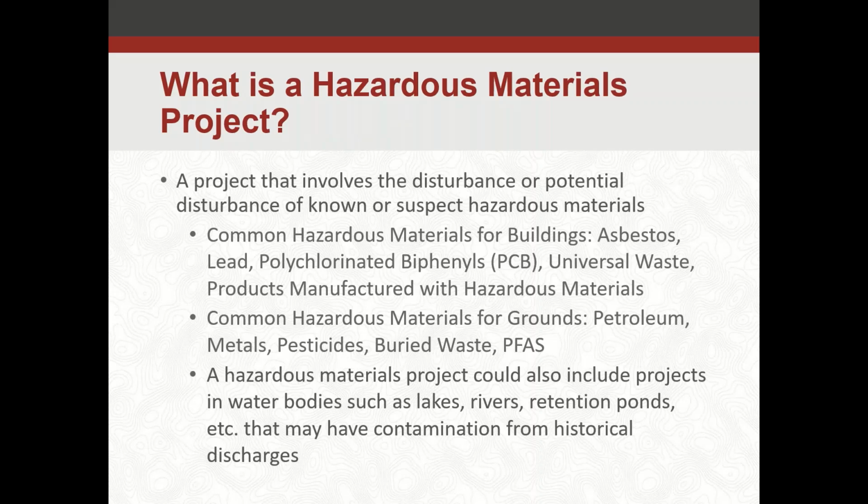So first off, let's start with what a hazardous materials project is. When we say a hazardous materials project, we're referring to anything where we're doing some sort of abatement or remediation of a contaminant.